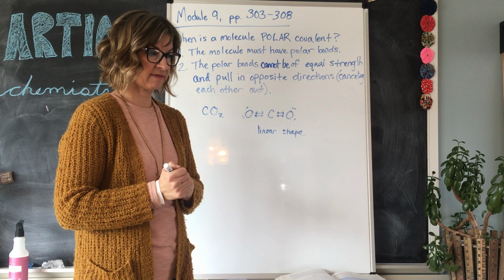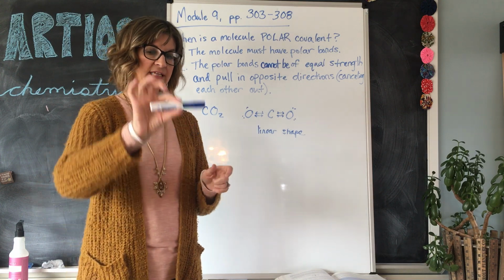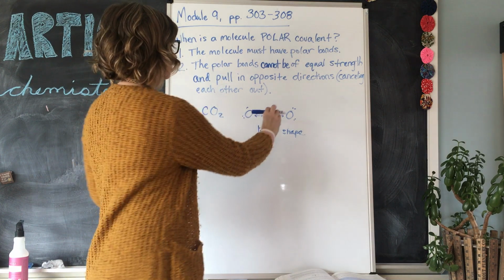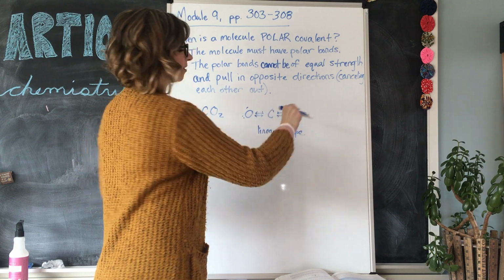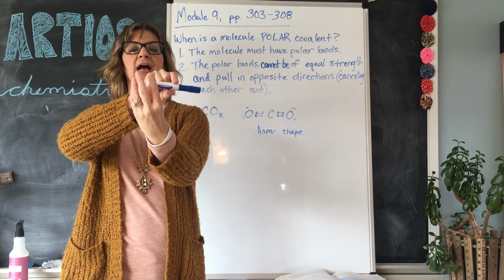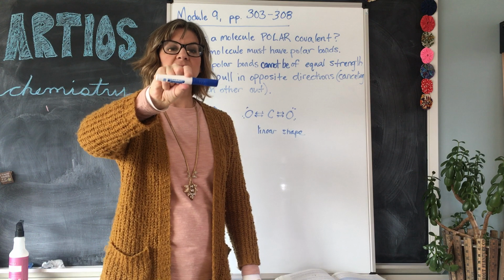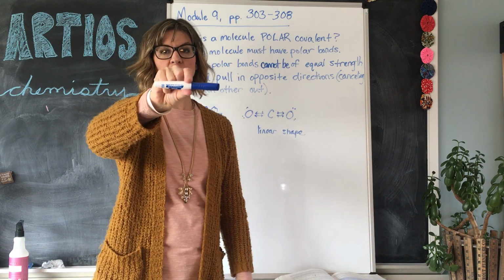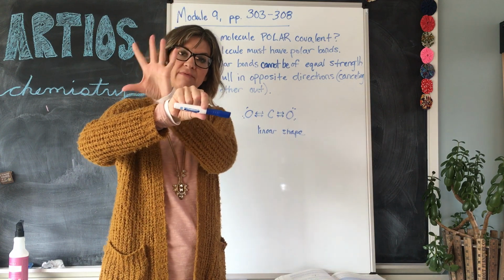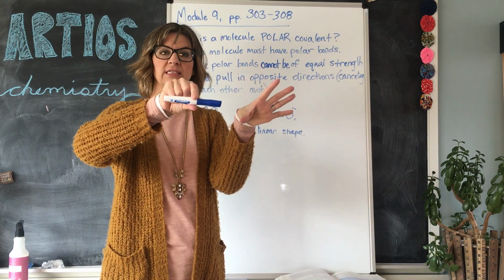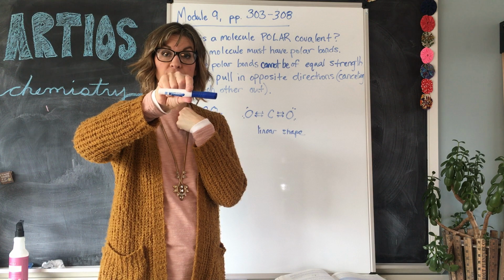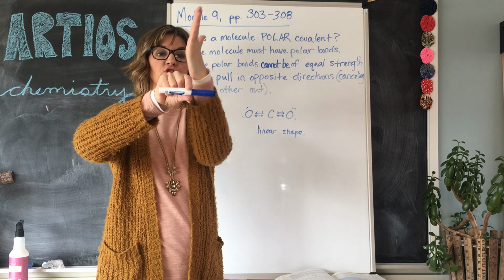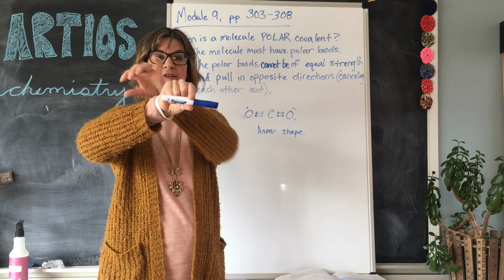Now, another way to think of it is, let's say this is our carbon, this is our linear shape right here. The carbon is in the center, the oxygens are at the outside. Is there a way that you could draw a line through this molecule to show that one side of it is positive and one side of it is negative? No, there's not. Because if you draw a line through the center, you still have the negatives here.